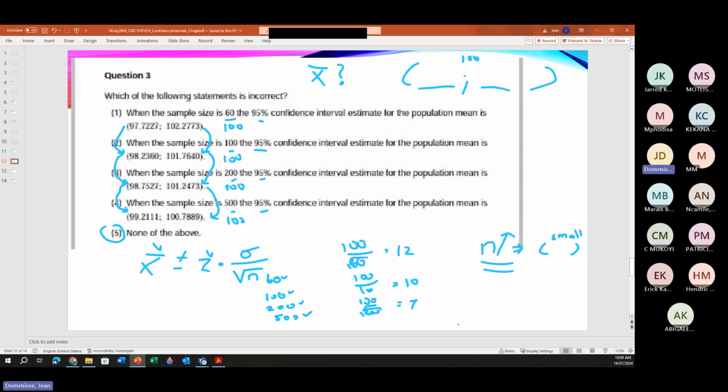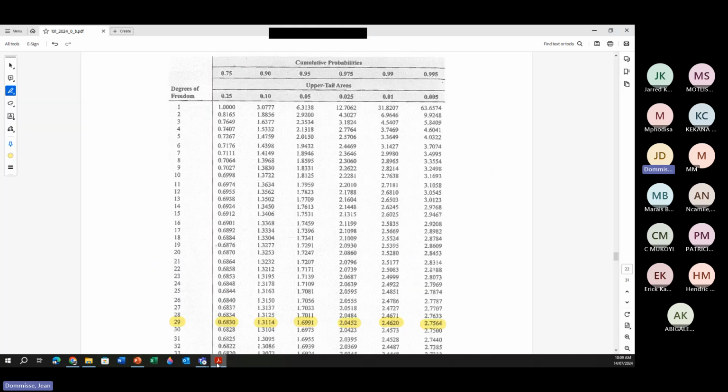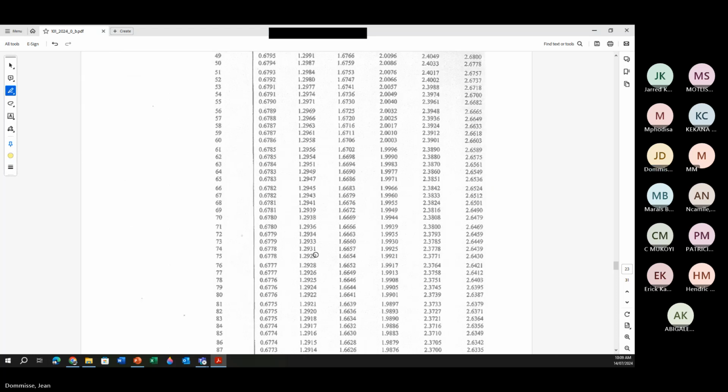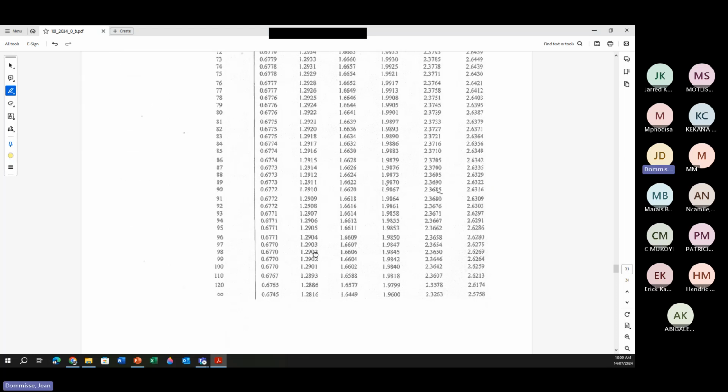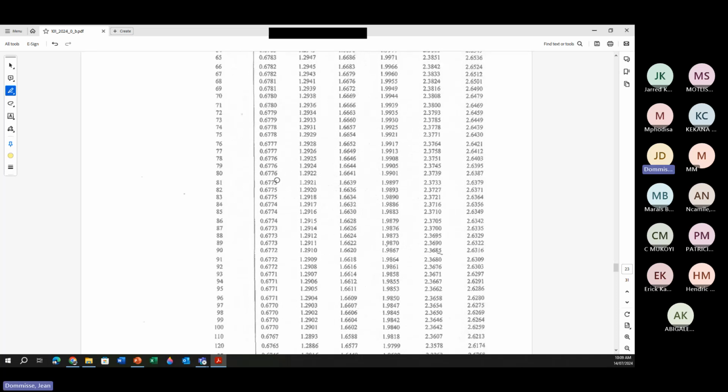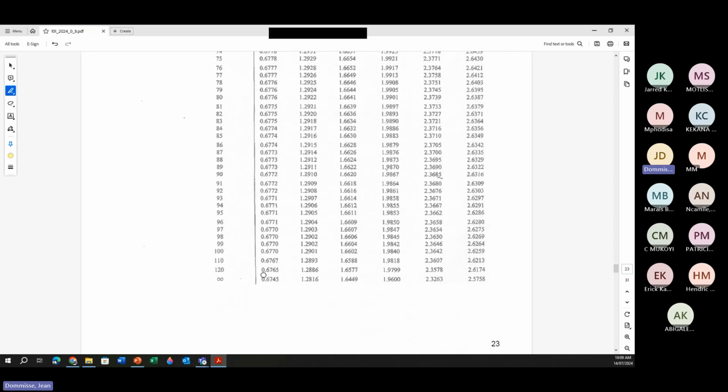Another way to look at that is very interesting. So let's look at your t values. As your sample size increases, look at how close it becomes to the standard Z table that we use.